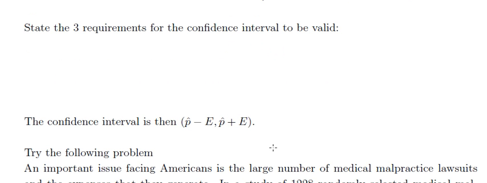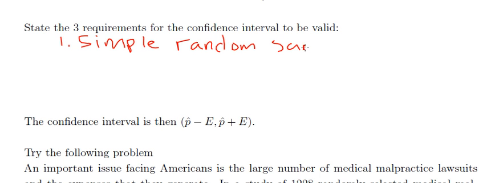Okay, so the three requirements for the confidence interval to be valid is you have a simple random sample from your population. That's SRS, simple random sample. You have a fixed number of trials.